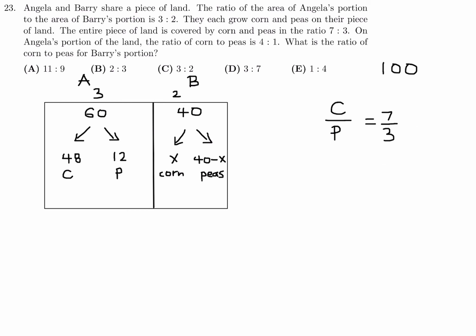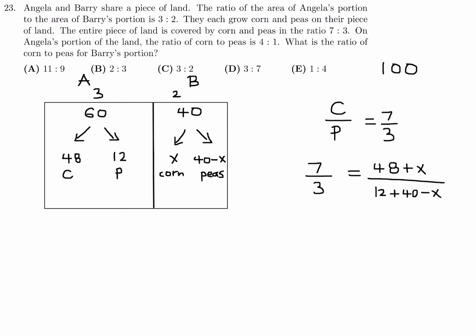C over P for the entire land is 7/3. So corn for everybody is 48 and X. So that is the total amount of corn. And peas for everybody is 12 plus 40 minus X.